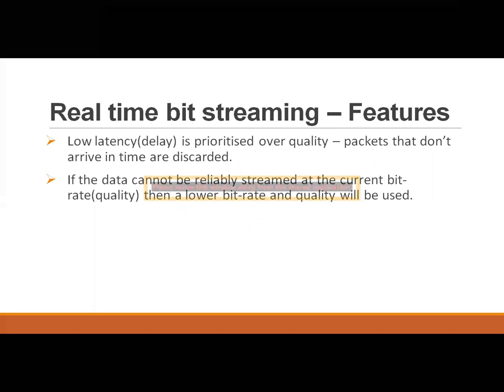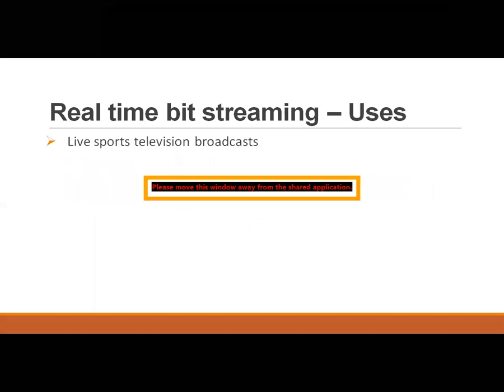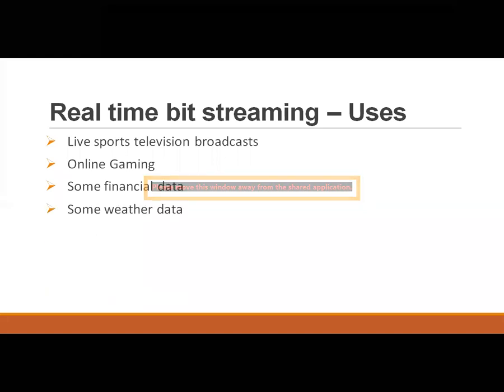The uses of real-time bit streaming: first of all, you can do live sports broadcast, online gaming, and financial data. You have seen that in the stock markets, the values of the stocks are updated in real time. The stock is changing its worth, and as it is changing, it is being displayed on the stock market screen.